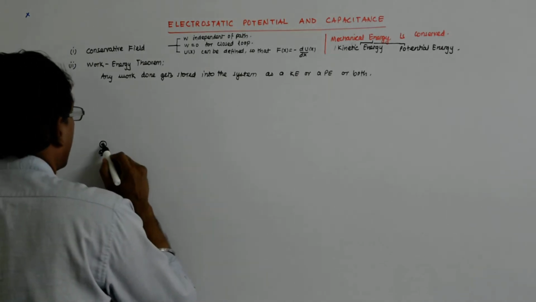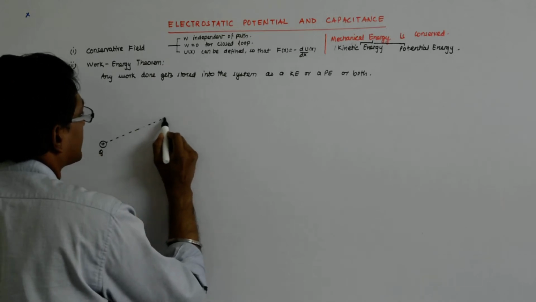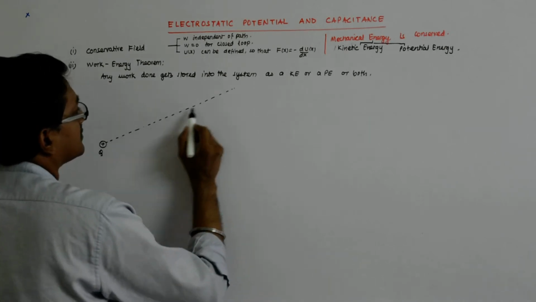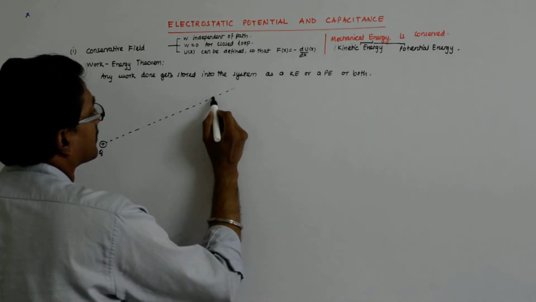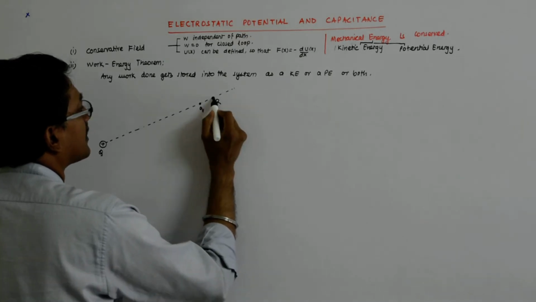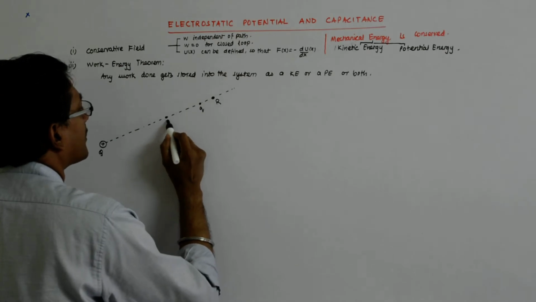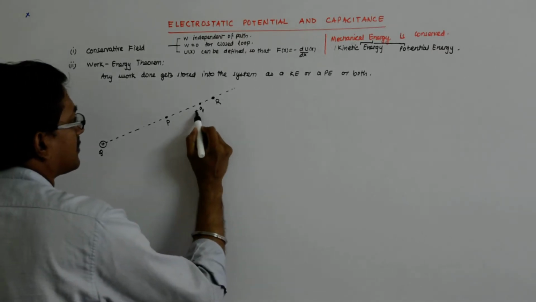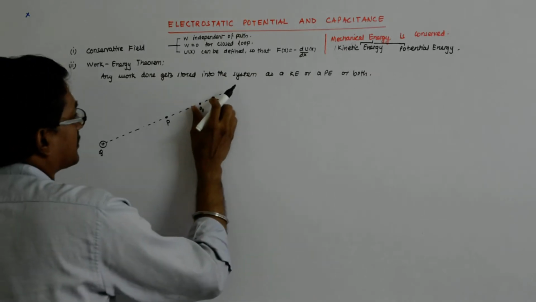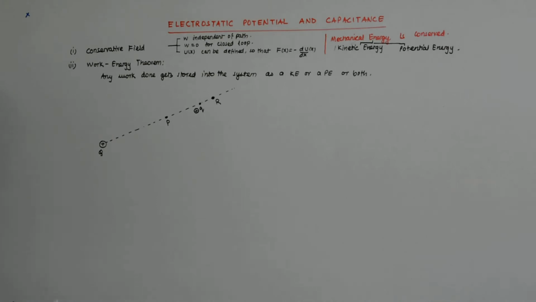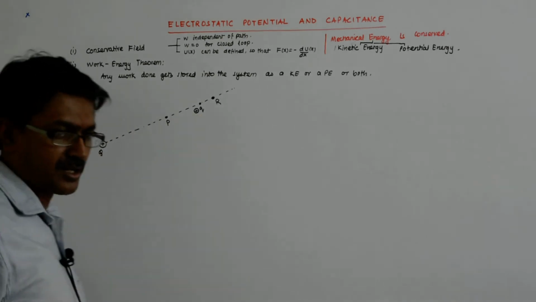Okay, and in this direction from this charge, say a charge small q is taken from point R to P. Positive or negative? This is also positive. This is also a positive charge. This is a smaller charge, a test charge kind of thing. This is the source charge.